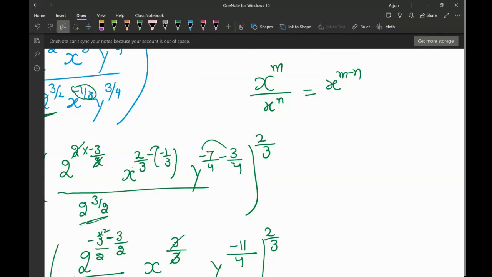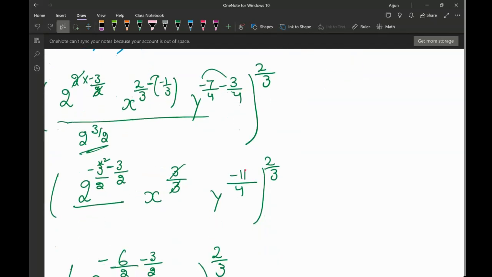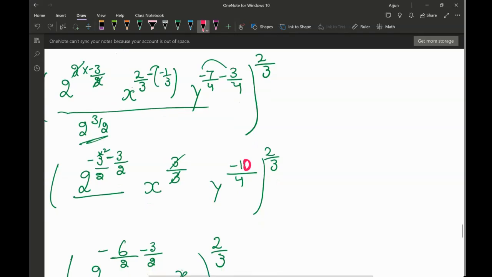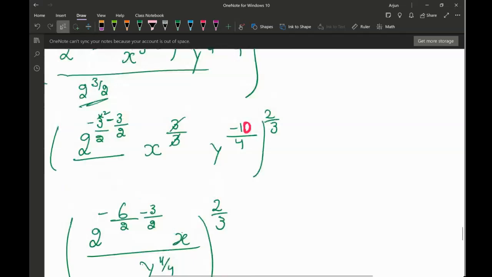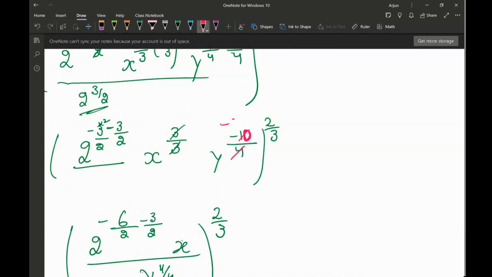Quickly checking, negative 7 over 4 and negative 3 over 4. All right, why am I writing 11? I don't know. Negative 10, I should have written. So negative 10 over 4, I can write it as negative 5 over 2 also.